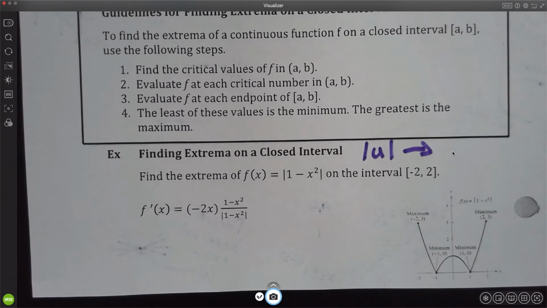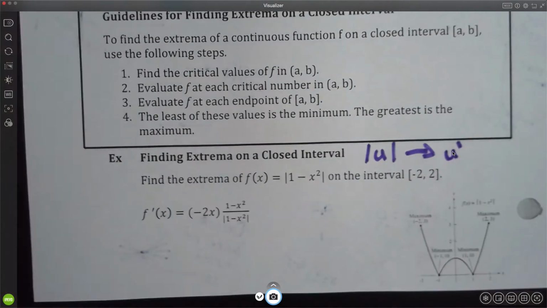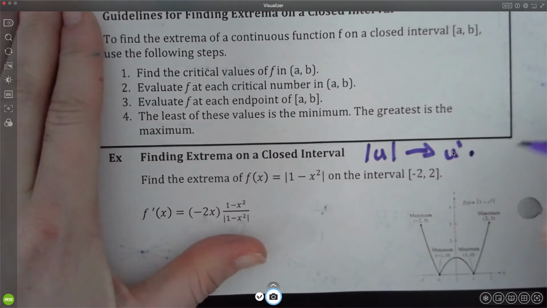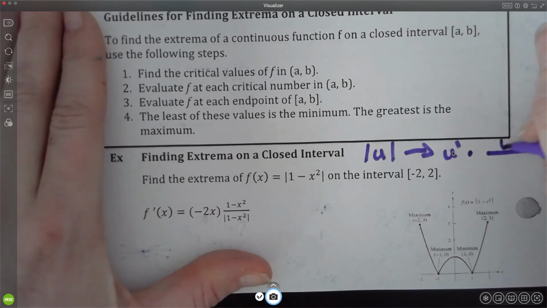If I'm taking the absolute value of u, you will take u prime, whatever that is, outside of the absolute value. U prime means the derivative of the inside. And I will multiply that by u over the absolute value of u.